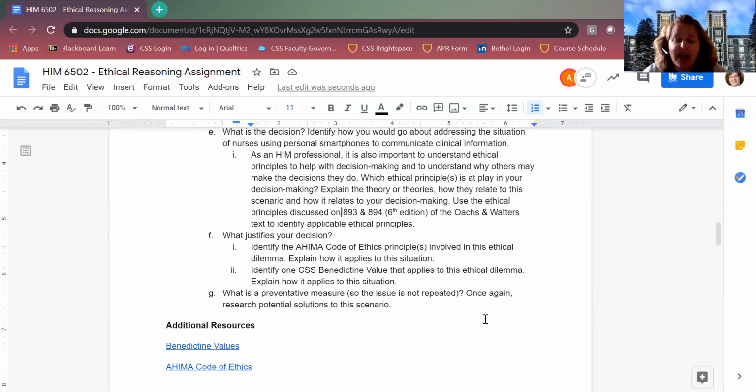So in number 6, letter E there, you need to come up with a decision. How are you going to tackle this problem and what are you going to implement in order to minimize risk and prevent HIPAA violations and all of that good stuff, okay?